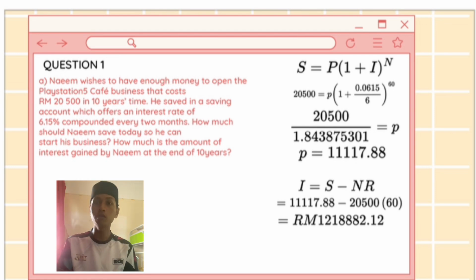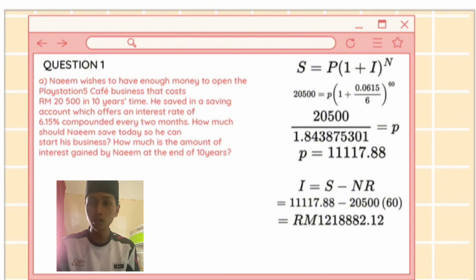The formula we use for this question is S equals P (1 plus i) to the power n. 2,500 equals P (1 plus 0.0615 per 6) to the power 16. 2,500 per 1.843875301 equals P. P equals 11117.88.